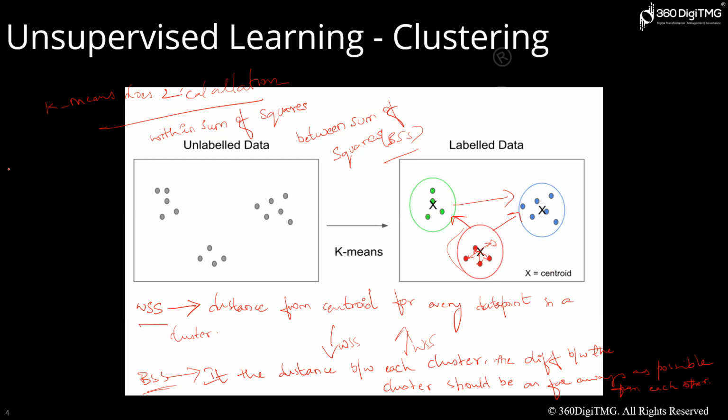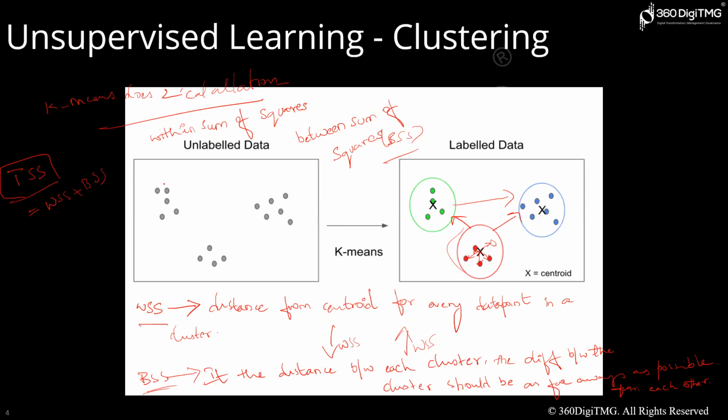We also have something called TSS, that is total sum of squares. That is nothing but within sum of squares plus between sum of squares.